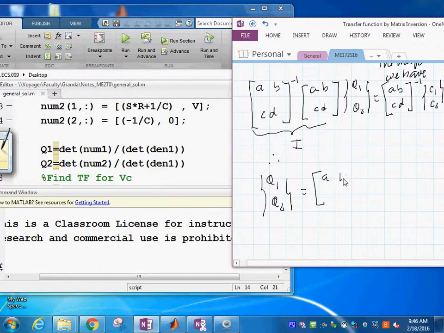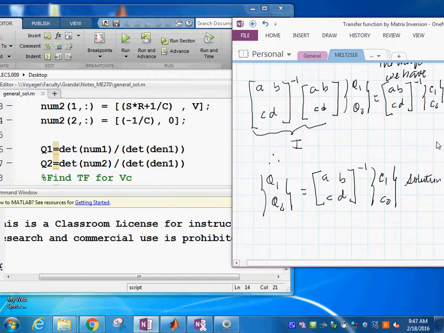Find the transfer function for V sub C, the voltage on the capacitor. Here you have that the voltage is 1 over C times Q1, 1 over C times Q sub 2.